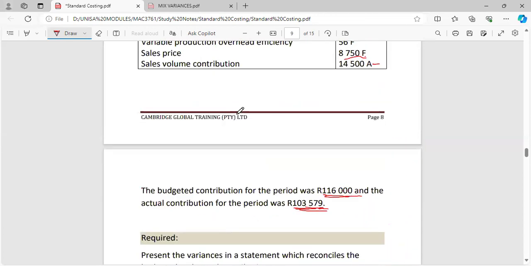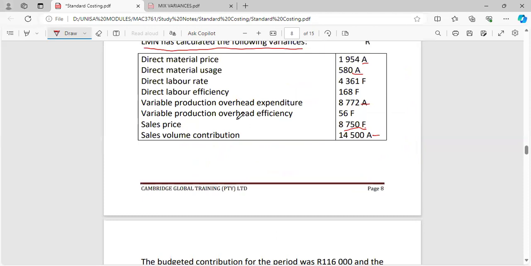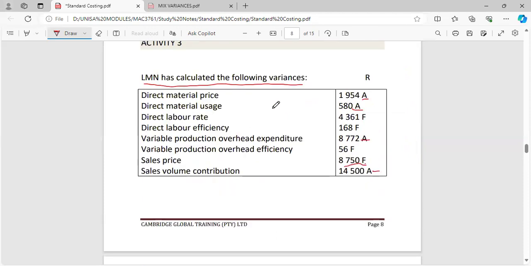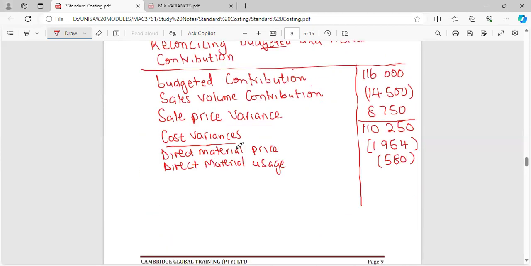Then we also have direct labor rate. It's favorable, 4,361. Favorable, you add it.